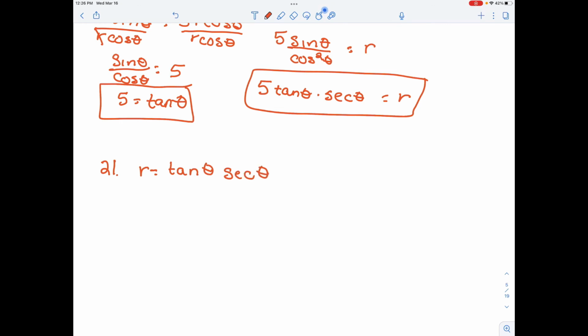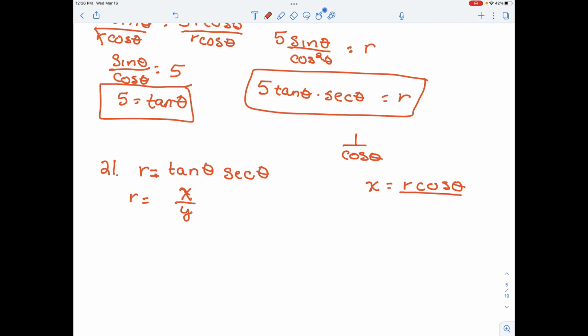Okay, so now remember we're trying to go to x and y's. So what do we know? We know that tan theta is x over y. We don't know anything about secant, but we do know secant is 1 over cosine theta. And so we know that x is equal to r cosine theta.